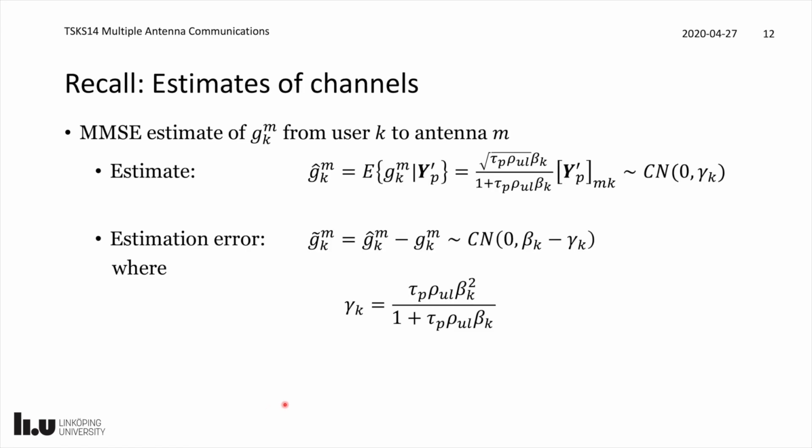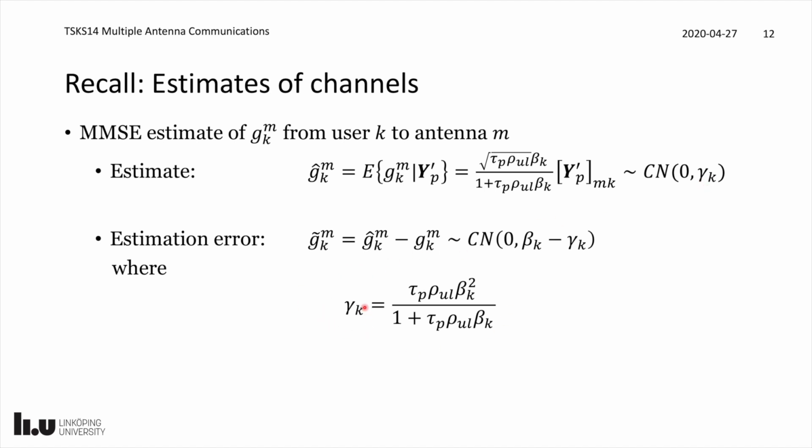And then we need to remember, how did we select things based on the channel estimates? Well, the MMSE estimate of user k to antenna m, g_km, is computed by taking the received pilot matrix after the despreading operation multiplied with a scalar, and we get something that is complex Gaussian distributed and has a variance gamma_k which had this expression.